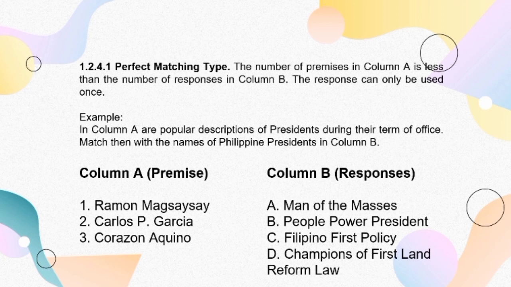First, Ramon Magsaysay. Second, Carlos P. Garcia. Third, Corazon Aquino. Column B, responses. A. Man of the masses. B. People power president. C. Filipino first policy. And D. Champion of first land reform law.